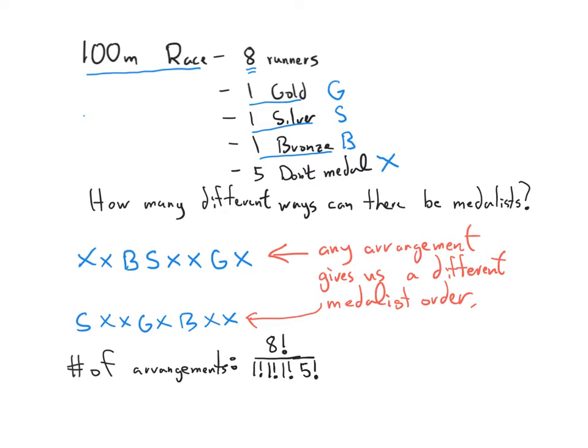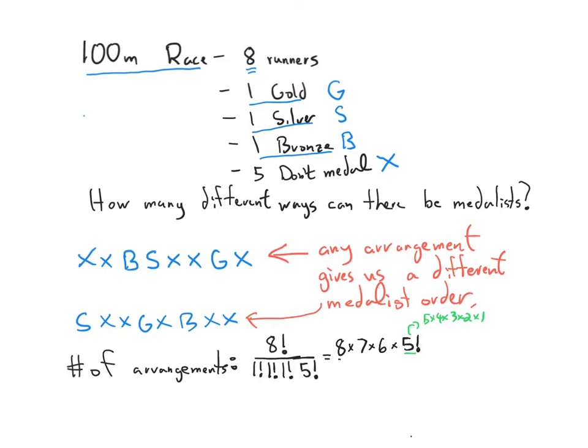So let's simplify this a little bit. And when you have factorials in the denominator that are smaller than factorials in the numerator, this might be a good idea to help you simplify it. Rather than writing 8 factorial as 8 times 7 times 6 times 5 times 4 times 3 times 2 times 1, I'm going to write it as 8 times 7 times 6 times 5 factorial, because 5 factorial is, of course, 5 times 4 times 3 times 2 times 1.